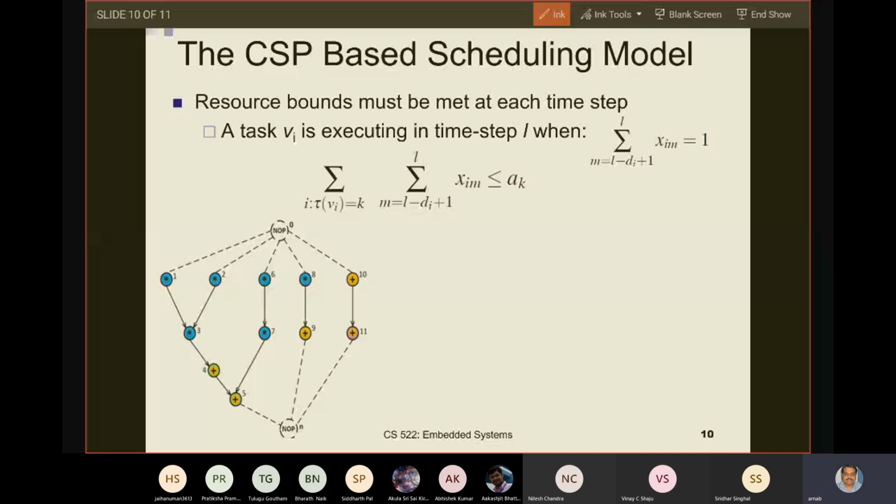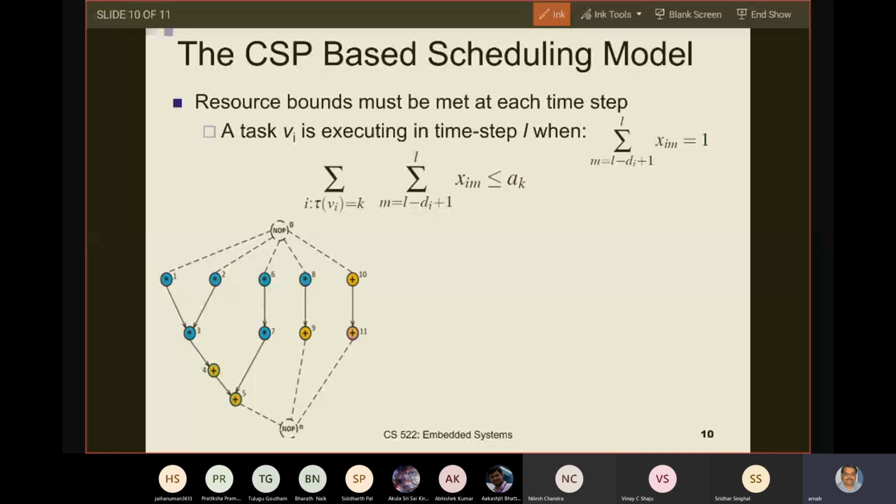Suppose I have 4 general purpose processors and 3 GPUs. Then I cannot have more than 4 tasks executing on the general purpose processors at any time.